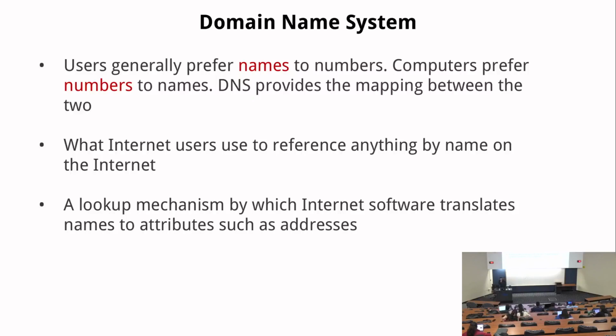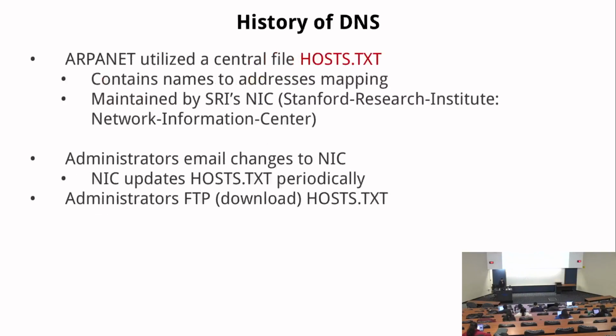DNS is the domain name system protocol, and there is a mapping between a domain name and an IP address. Usually we do not remember IP addresses. However, it's easier for us to remember domain names. So when you use your browser, you usually do not type IP addresses. You just type domain names.